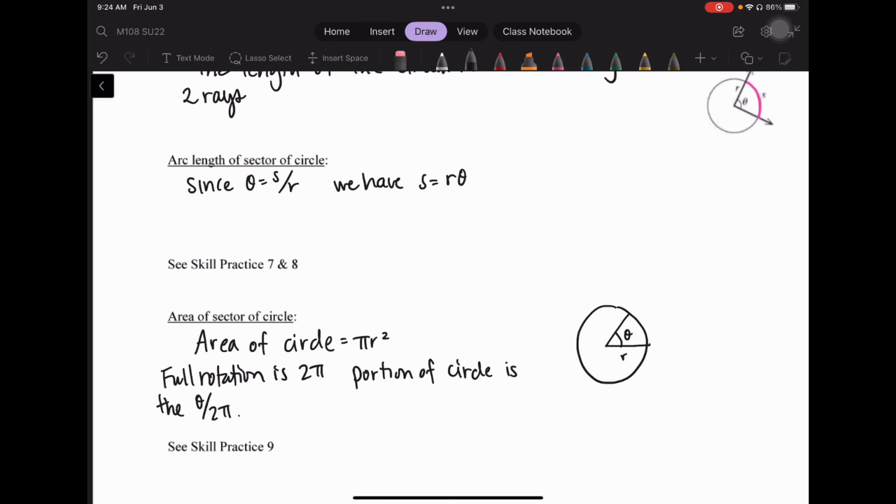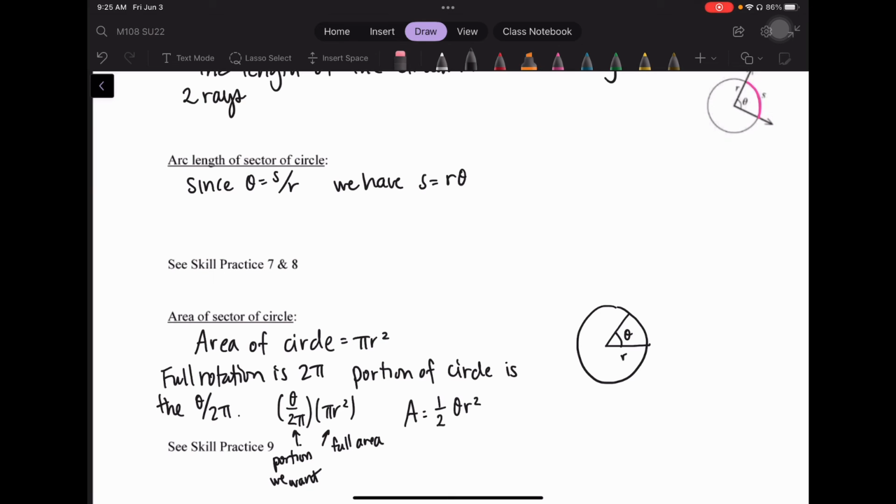Instead of pi r squared for the full circle, we're only going to take theta over 2 pi of that. That's the portion, and that's the full piece. So this is the full area, and this is the portion we want. And if you simplify that, notice that the pi's cancel, and you have 1/2 of theta r squared. That's how you find the area of a sector of a circle.